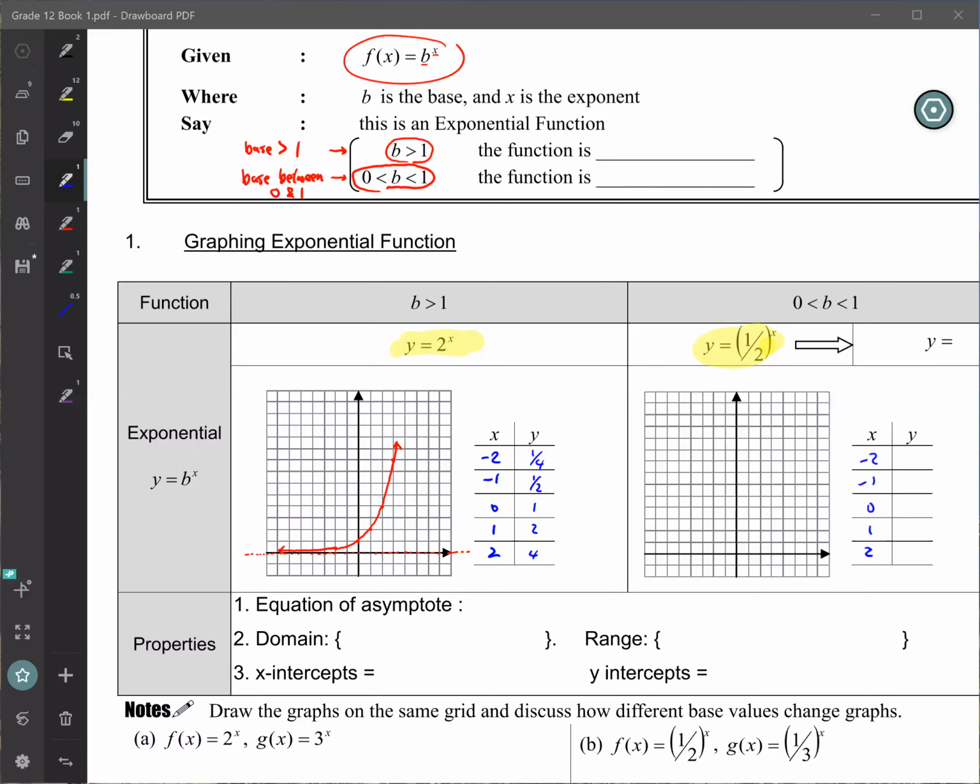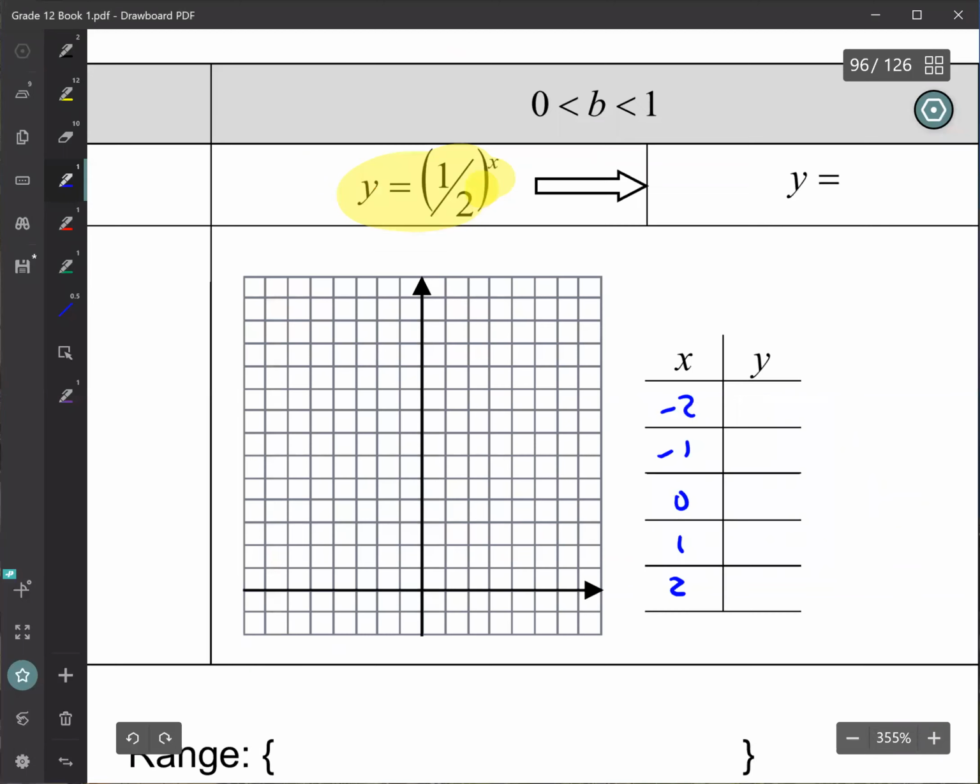Cindy, Samantha, Ray, have you finished the table yet? Okay. So Tiana, can you tell me your y values for this one? 4, 2, 1, 1/2, 1/4.